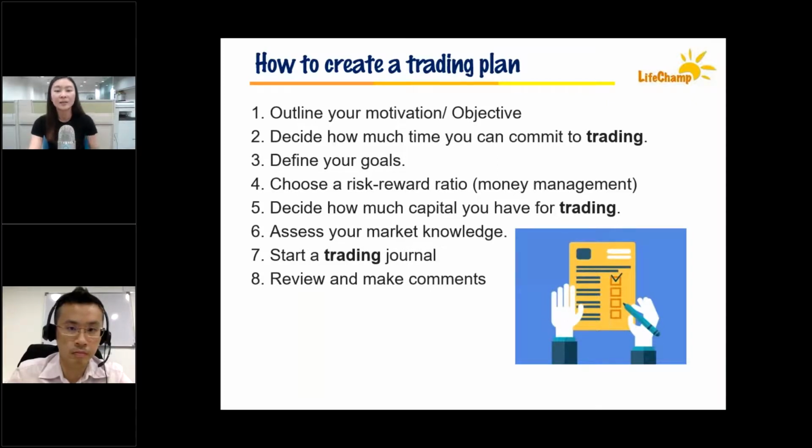And then second, you decide how much time you want to commit to trading, because trading is not something where you go for a 2-hour class and then you can be professional. No. There is a saying that 95% or 90% of traders fail in the market and only the 5% make it, because trading is a professional job, I would say.